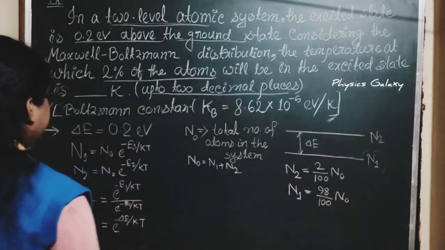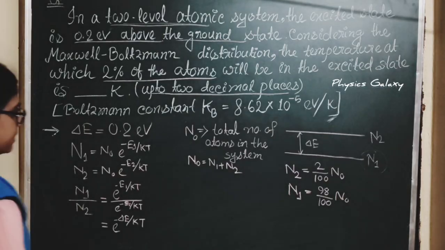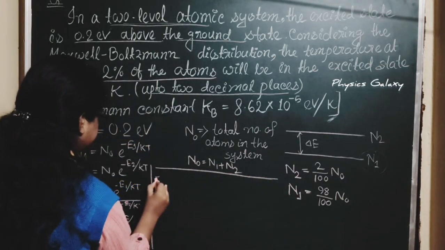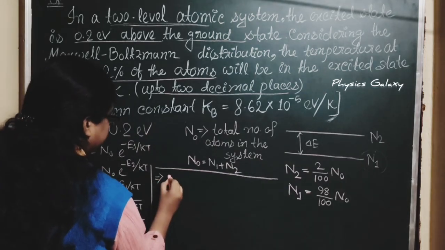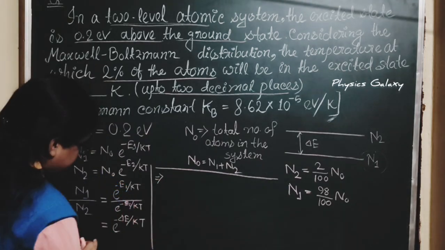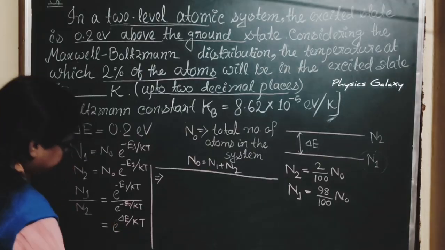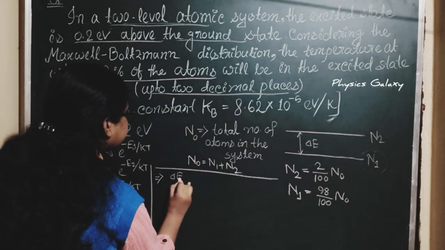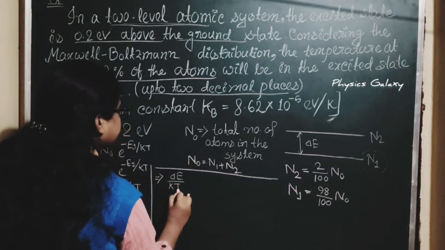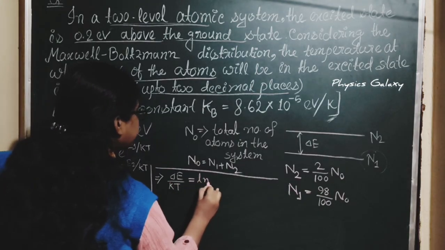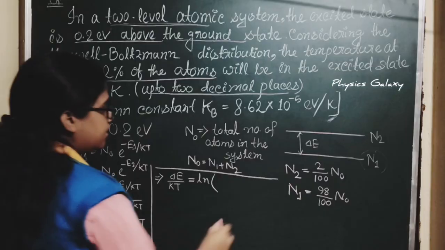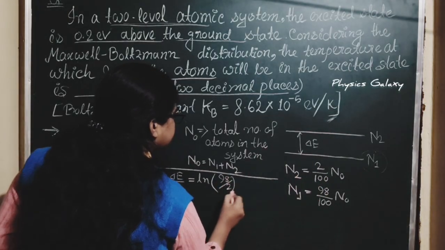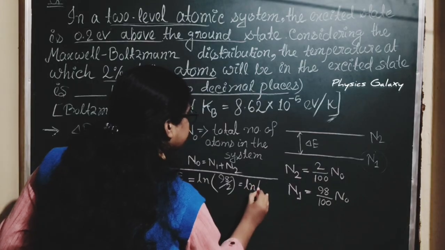Now put the value of N1 and N2 in this equation. We will get, here will be plus sign. So delta E by kT will be ln of N1 by N2, that is 98 by 2, that is ln 49.